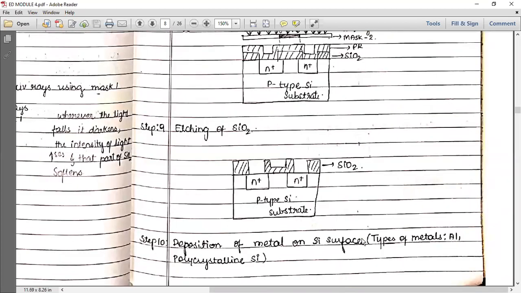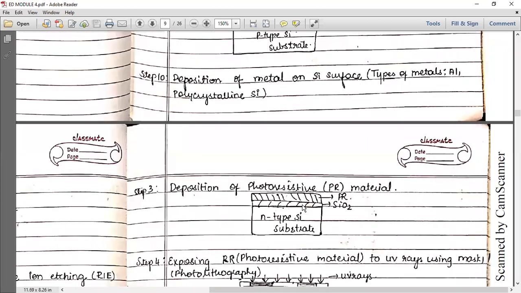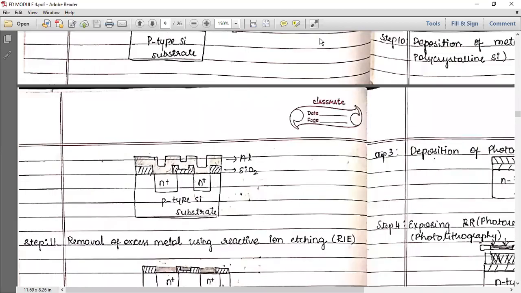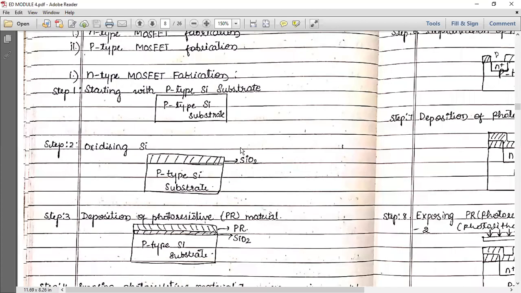If you want me to repeat this, I will repeat it in 2 minutes. If you go through this on your own, there is no problem, because we already discussed this in the previous session. You can just respond in the chat box if you want me to repeat the fabrication of MOSFET.